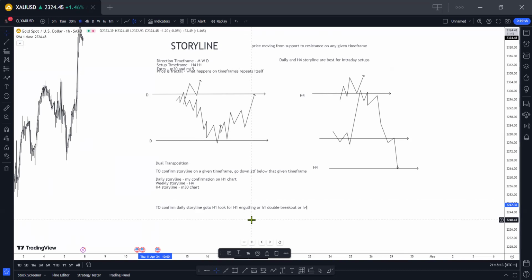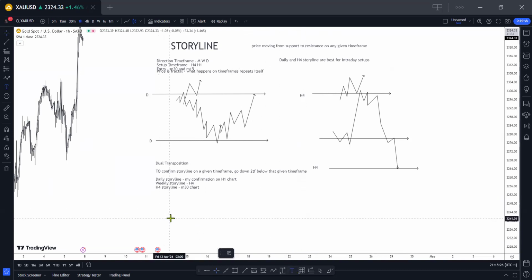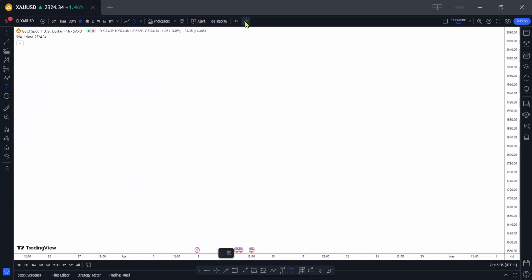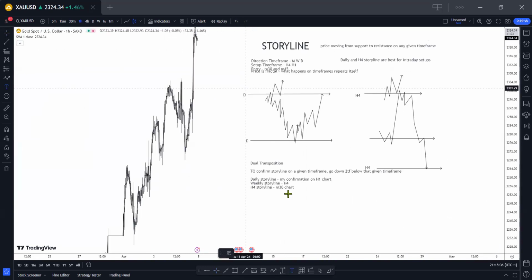Or H4 engulfing, but let's take away H4 for now and just use H1: H1 engulfing, H1 double breakout. Where did that go? Oh goodness, I'll have to write that again, you guys.